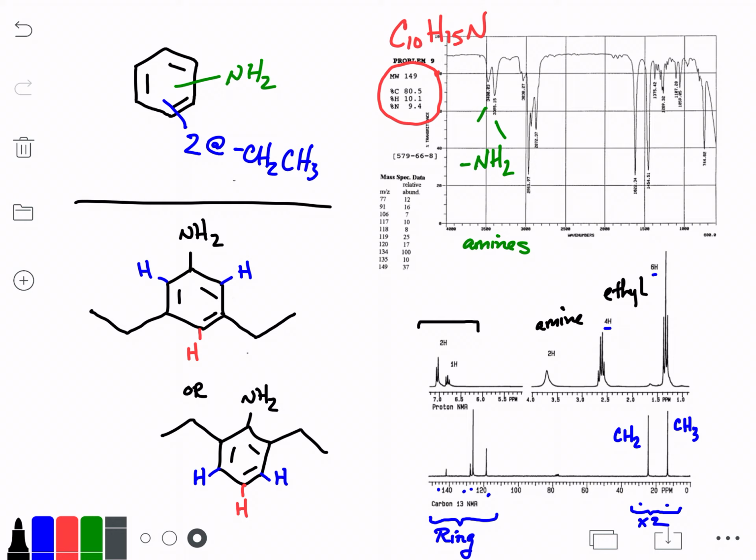Now I have to deal with these two highly shifted values. What you'll see when you look at the proton NMR tables is that pretty much the only thing that shows up at a delta value between 6 and 8 or so, 6.5 and 8.5, are aromatic ring protons.